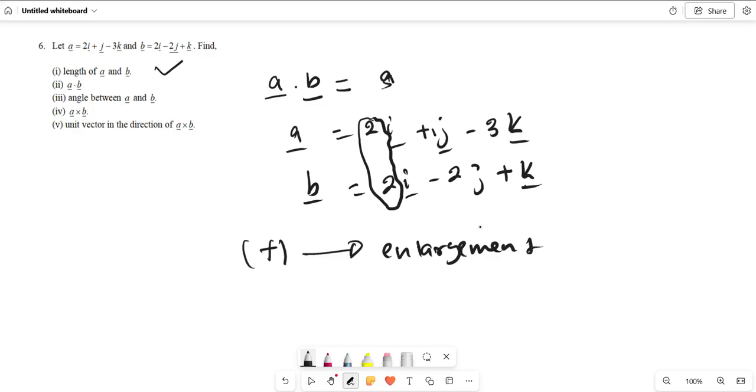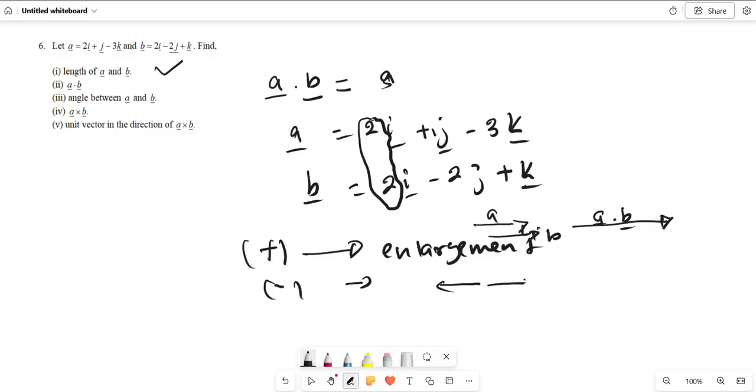In the same way, if the first one is a and the second one is also like this, you are getting a multiple value as a dot b. If you are getting a positive value, the length is increasing. If it is a negative value, these are in opposite directions.